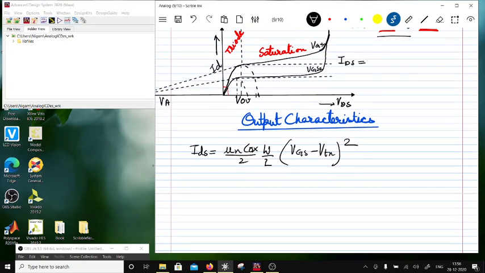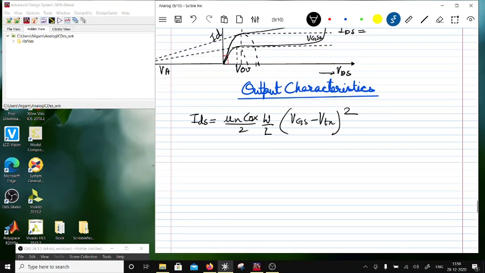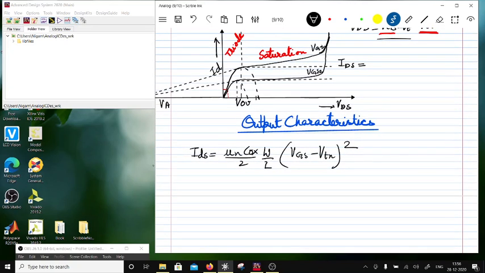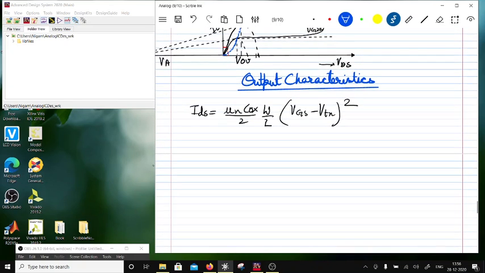If I plot ID versus VGS minus VTN square, that would be just joining these points, and this will be the square nature.